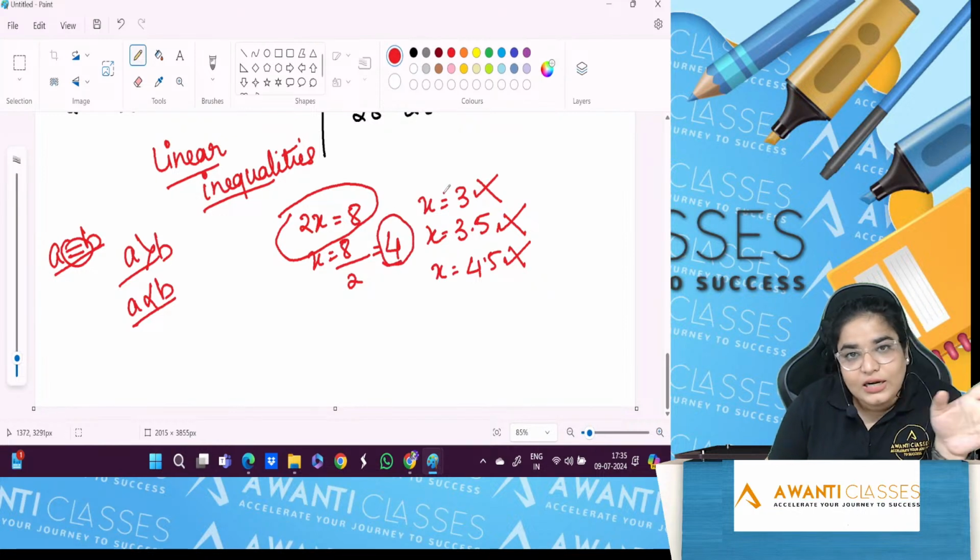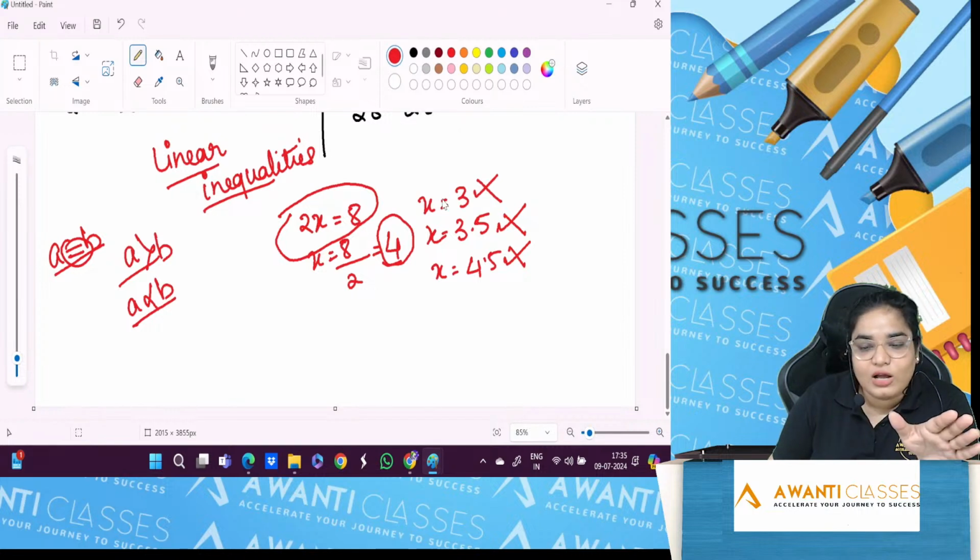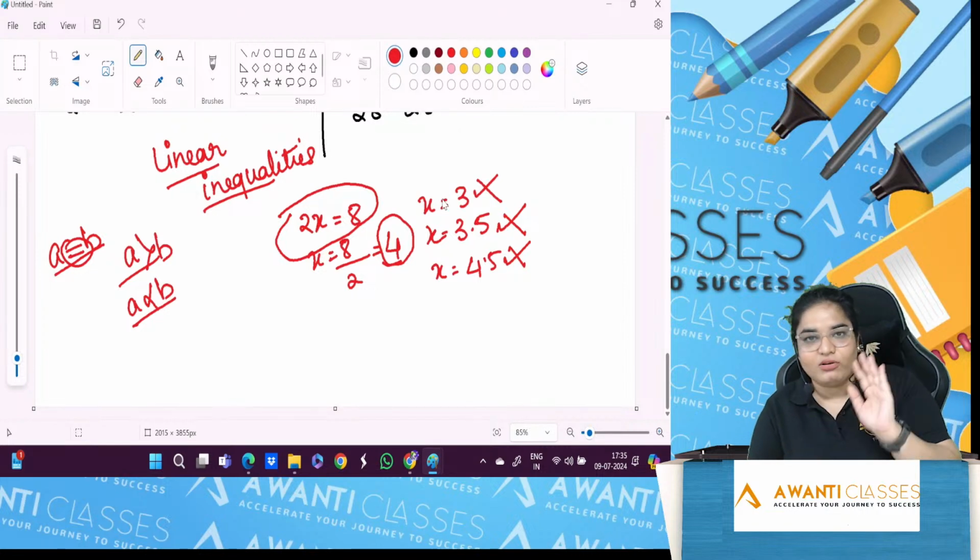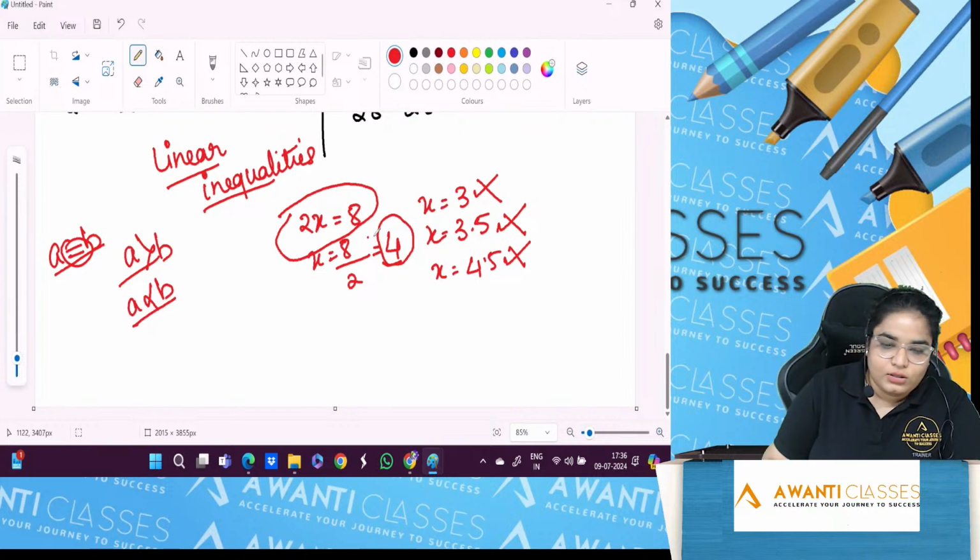If I take 3, it will not work. 3.5 will not work, 4.5 will not work, nothing but 4 will work. Okay, that is an equation. But now tell me, if I take inequality, 2x is greater than 8.